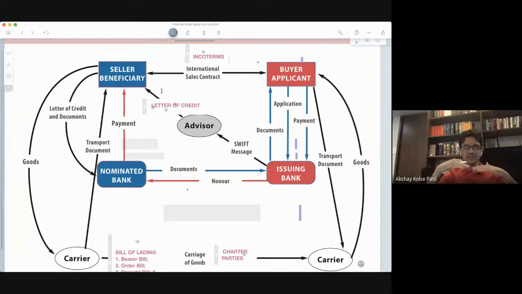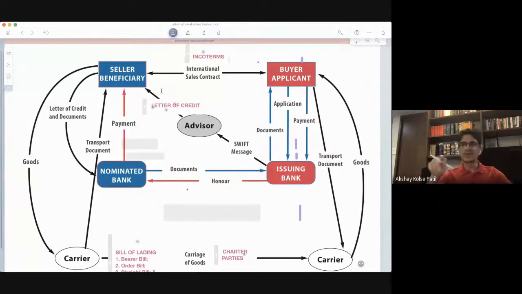In fact, it generally won't affect the letter of credit unless there's some sort of fraud of such an egregious nature that it undermines the entire transaction. But just because goods were not supplied up to a certain specification, or the quantity was not as per the contract, that will not void the letter of credit.